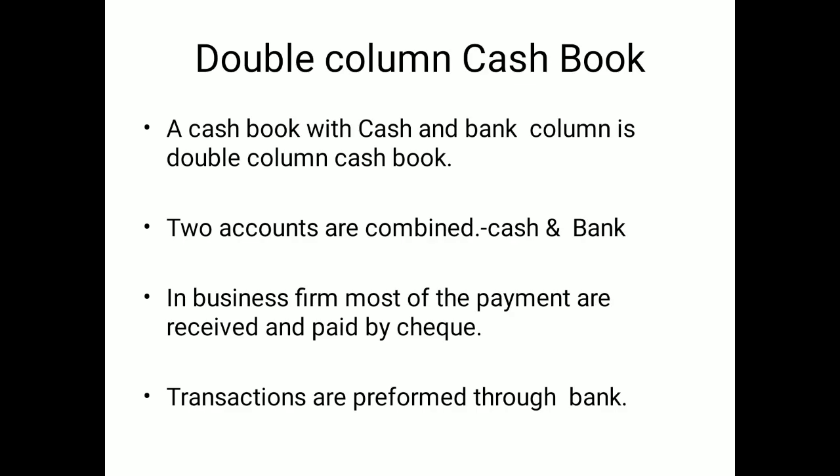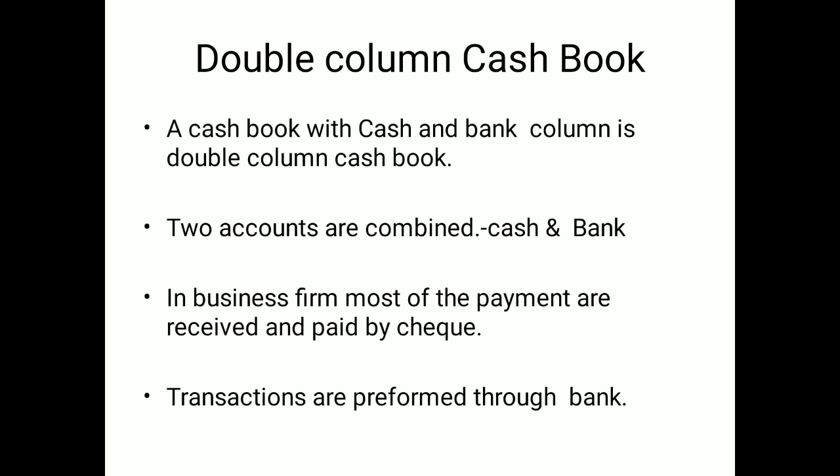Now I'm moving to the next, the double column cash book. The double column cash book consists of the cash and bank columns. As per the book syllabus, generally double column refers to cash and bank columns, but sometimes students may attach cash and discount, and bank and discount. Till that is specified, you don't have to entertain the discount column here, because discount is not part of the cash book.